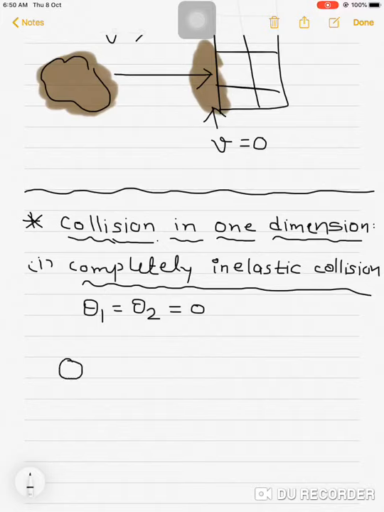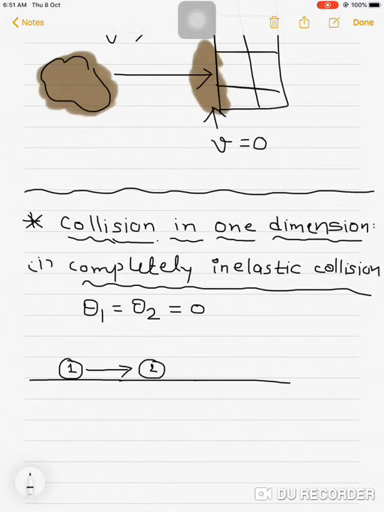one object is lying here on the ground, another object is also lying on the ground. Now initially we consider that only object 1 is moving while object 2 is stationary. Now it comes and collides with it.